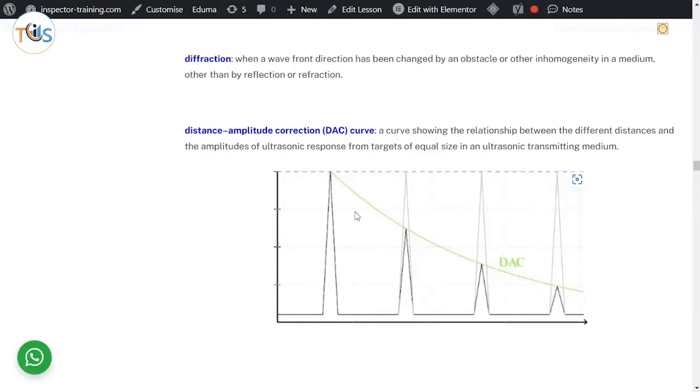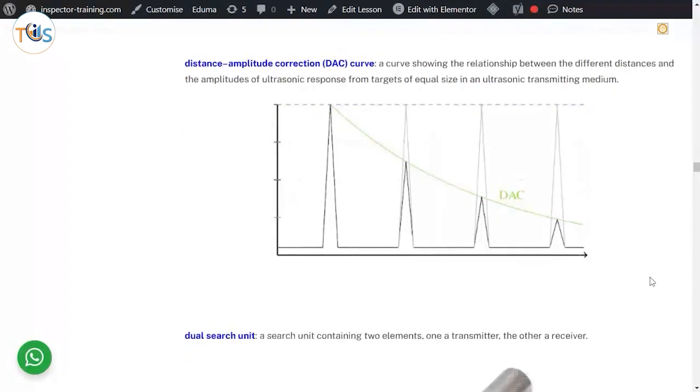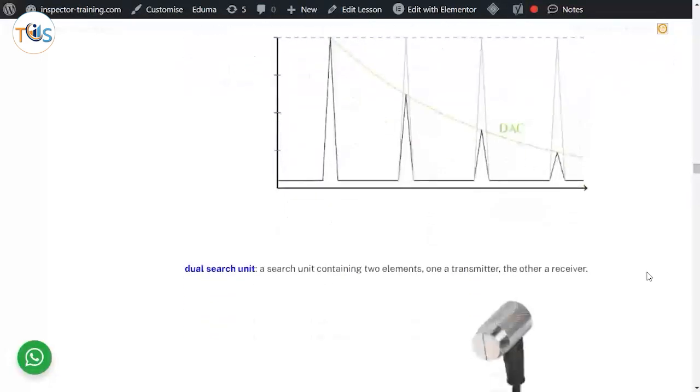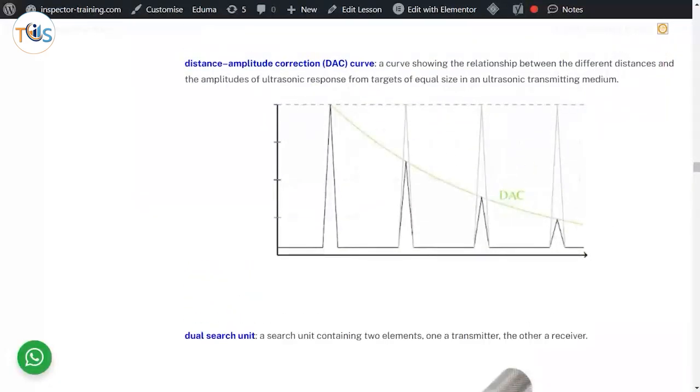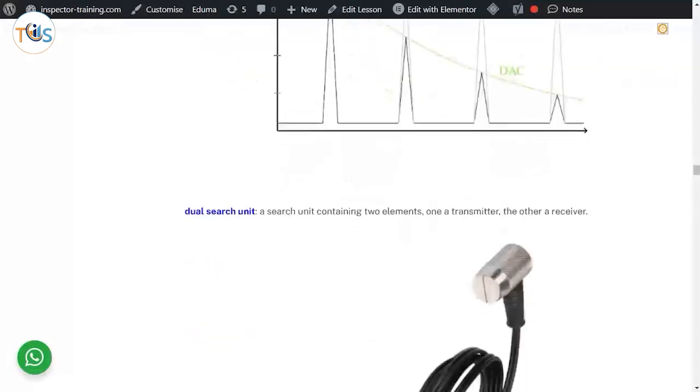So that way you can create a distance amplitude curve by connecting the peaks of these lines, and that is useful to find the depth of the discontinuities. So the amplitude depends on the distance practically.